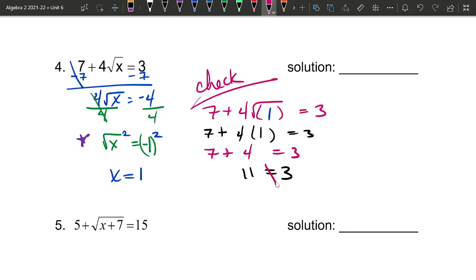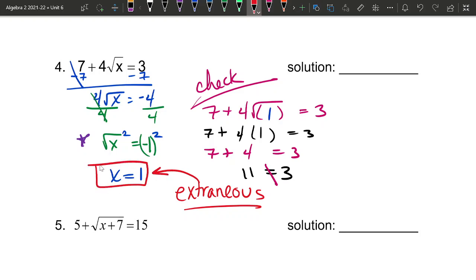No, 11 does not equal 3. So that makes this an extraneous solution. Since x equals 1 is an extraneous solution, and it's the only solution I got, my answer is no solution.